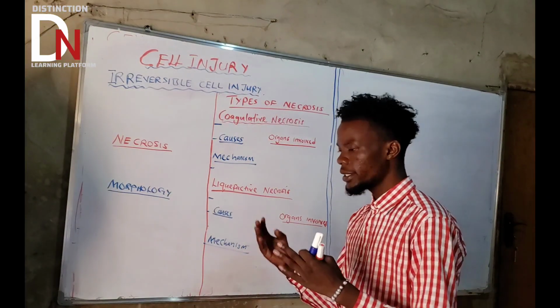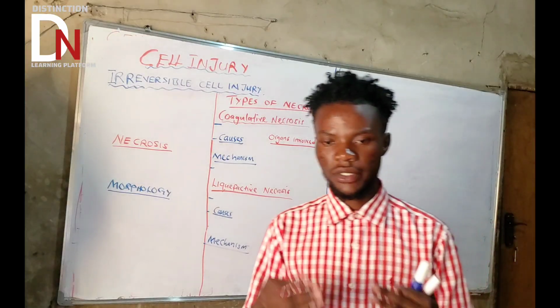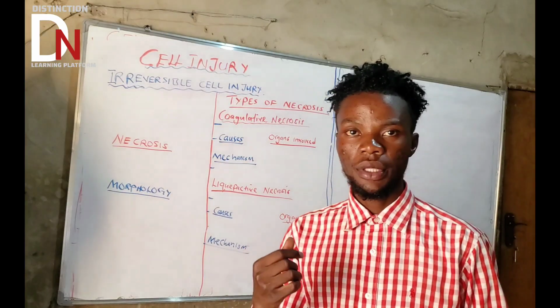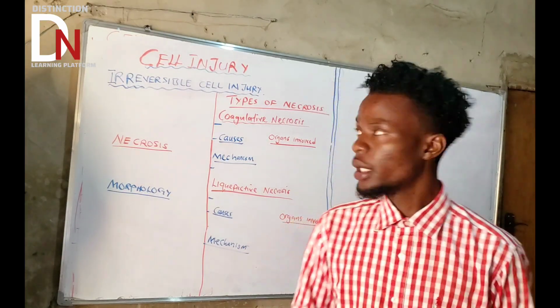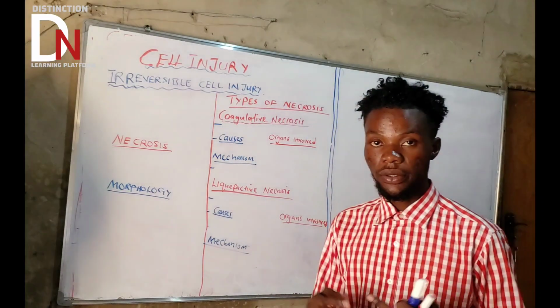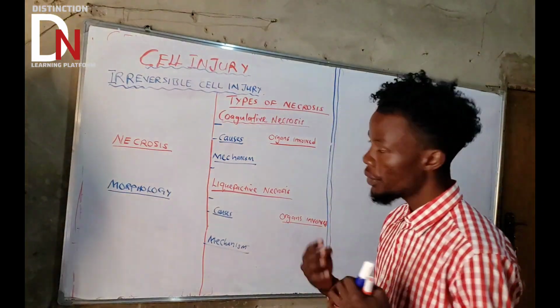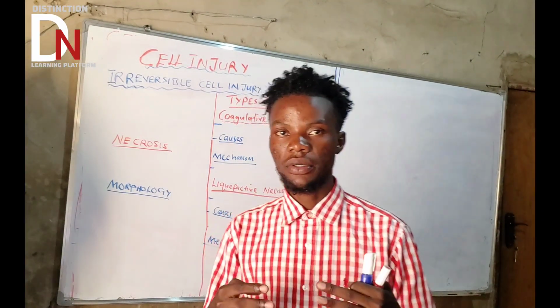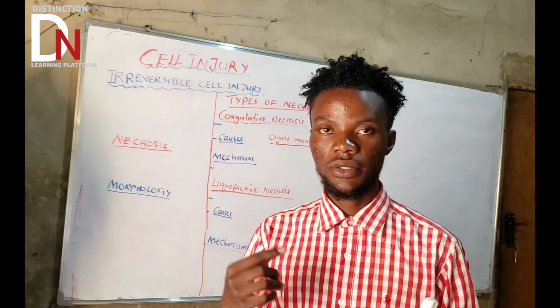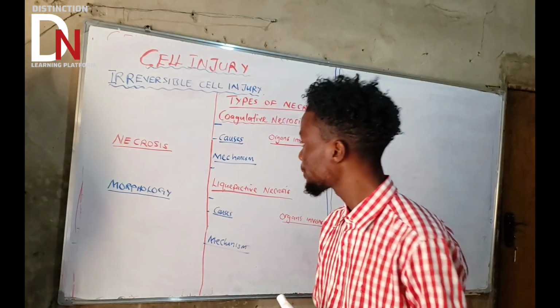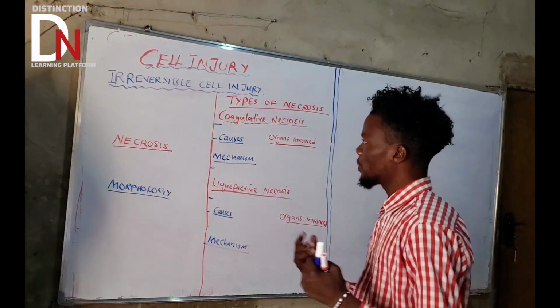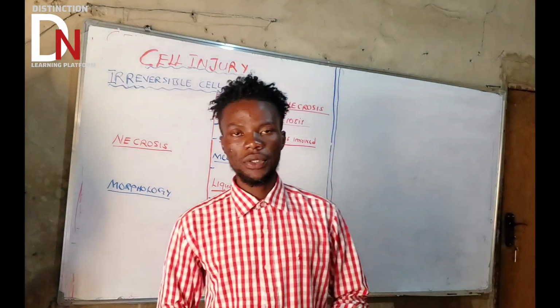Okay, so in this lesson we're talking about cell injury. Basically this is for preclinical students, and this is under general pathology. Remember that all the concepts we're talking about are Robbins based. So we are talking about cell injury. What is cell injury?